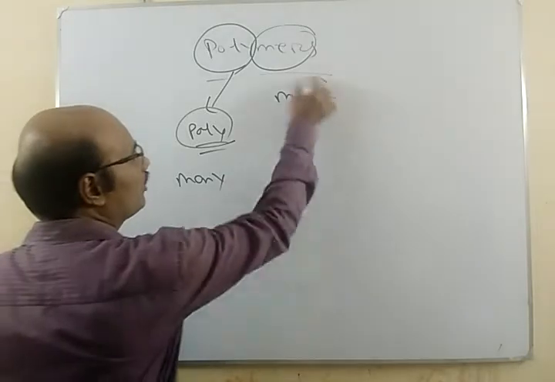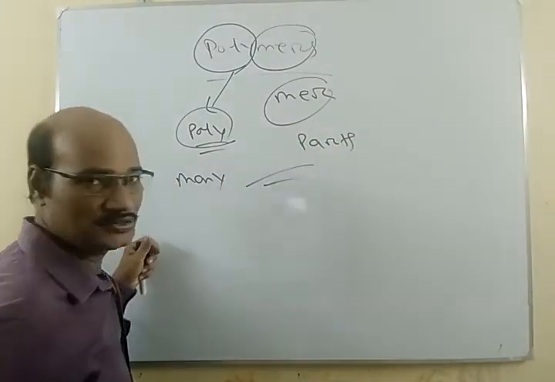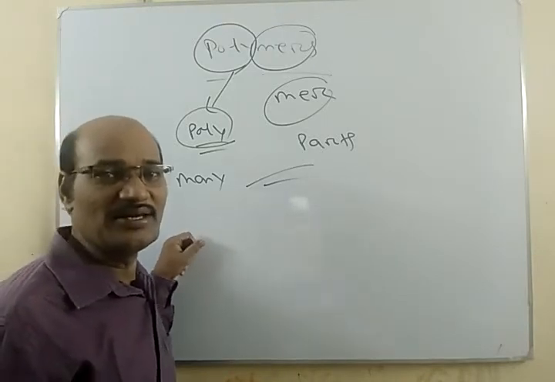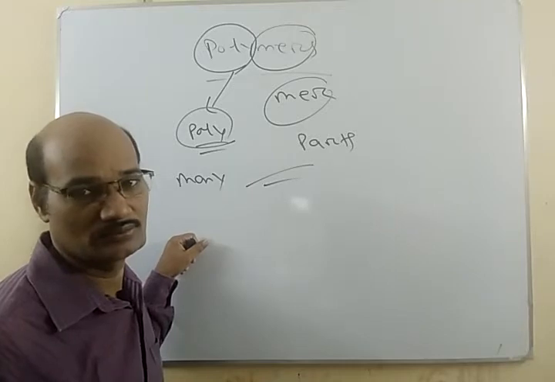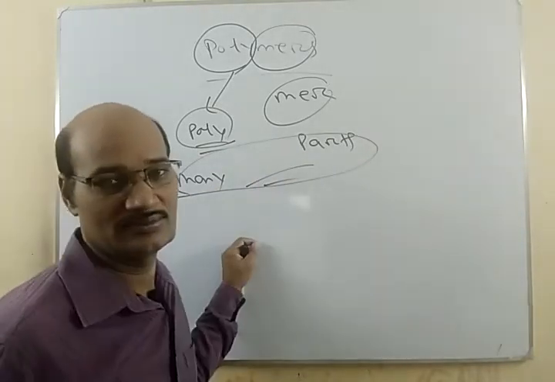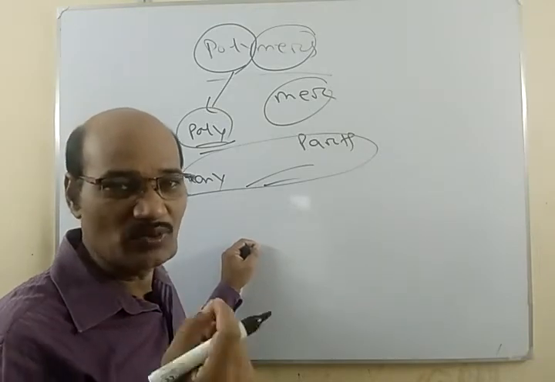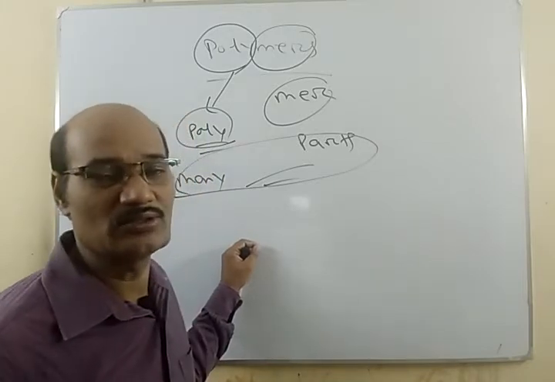Many parts. So when many parts join together, you get a polymer. So many parts come from one part. When one part becomes many parts, it becomes a polymer.